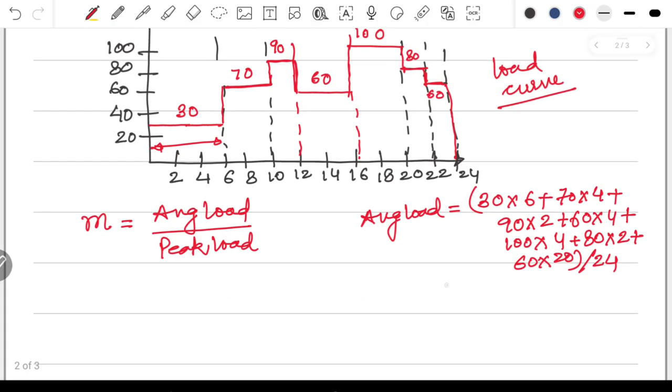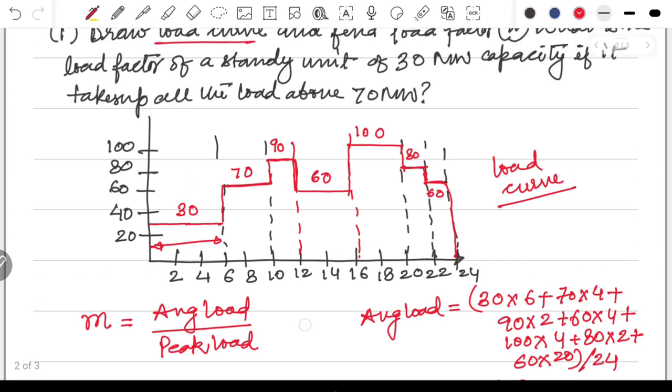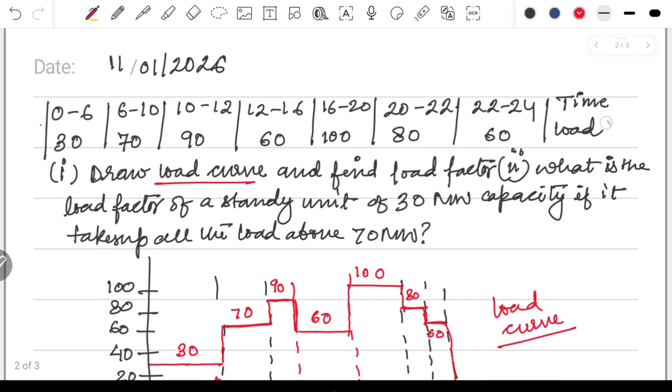So this value will come out as 1560, and when divided by 24 will return 65 megawatt, because the load is in megawatt.